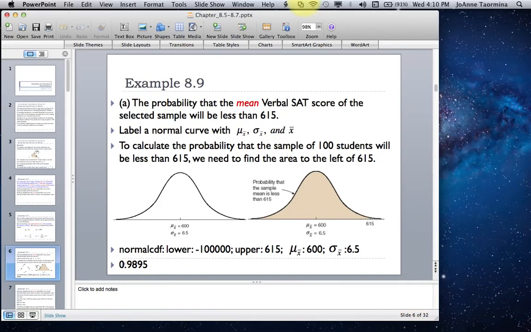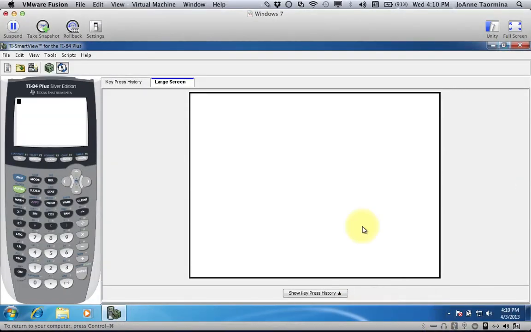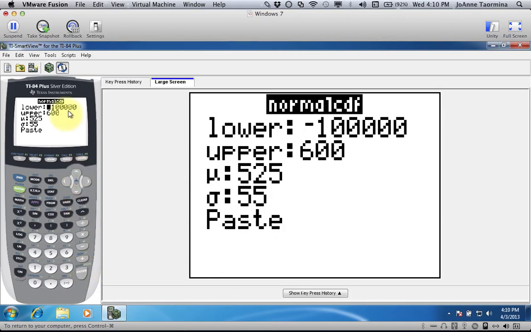So I'll do this with you on the calculator to demonstrate how it's done. So you're going to use normal CDF just like you would in Chapter 7. The lower is negative 100,000. The upper is 615, that upper sample mean.